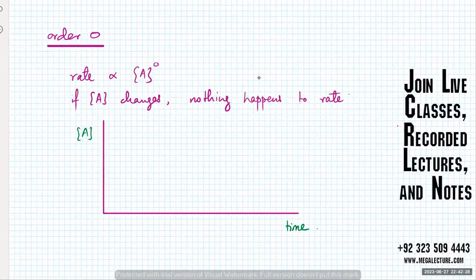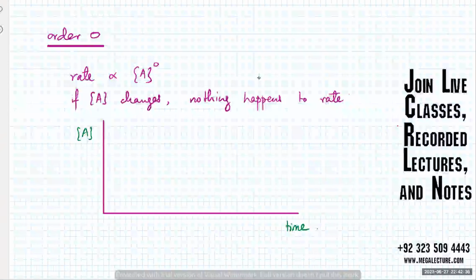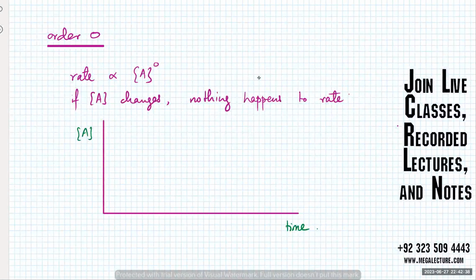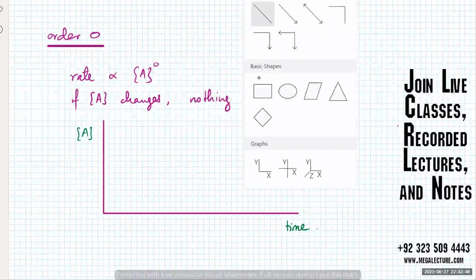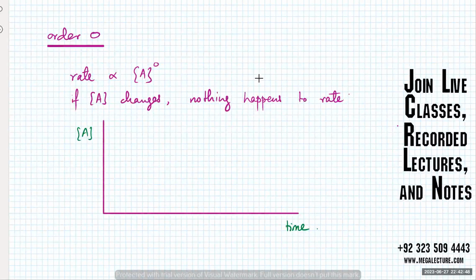Now, in this case, there are very few reactions that are actually zero order reactions. Normally, whenever you change concentration, the rate of the reaction gets affected. But sometimes it doesn't. There are reactions which are zero order reactions. We're going to discuss them later on. The speed remains completely unaffected, so their graph has a constant tangent.